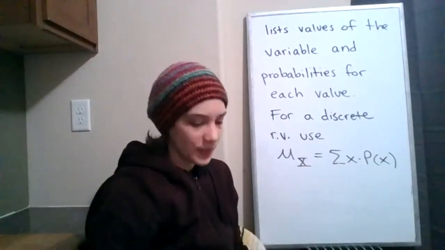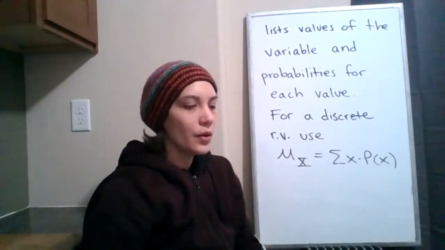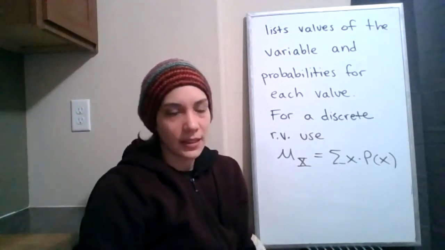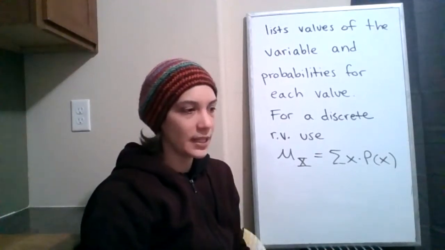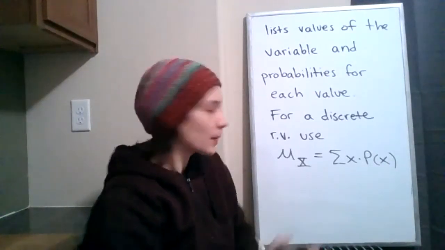There are other random variables that if you know what its distribution is, there's a formula to find the mean. Like the one we're going to focus on is a normally distributed random variable.